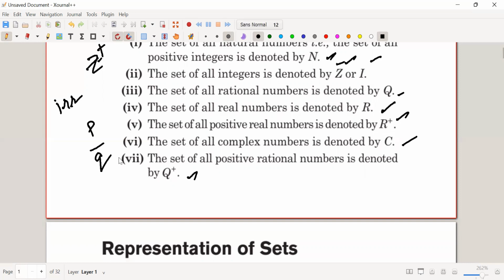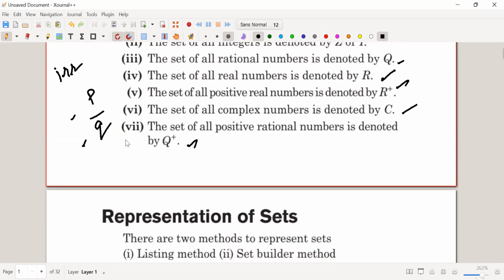So, is there any possibility for you to convert a non-terminating recurring decimal into a fraction like p by q? For example, if I give a question where the number is 3.14 bar, I want you to convert this into a fraction p by q format.